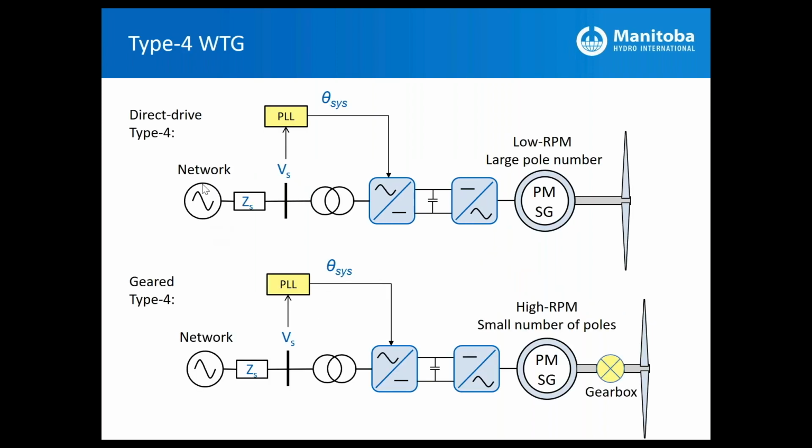Also for type 4, which you have basically a full converter-based link between the generator and the grid, there is a phase lock loop in order to synchronize the controls inside the grid side converter and the network.